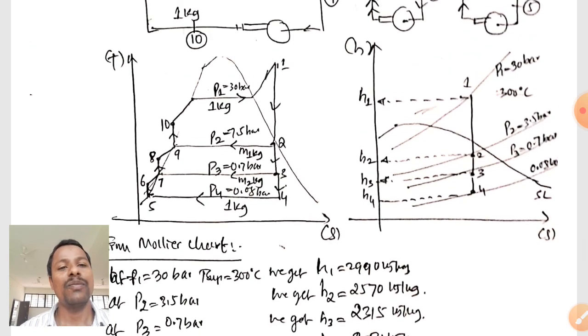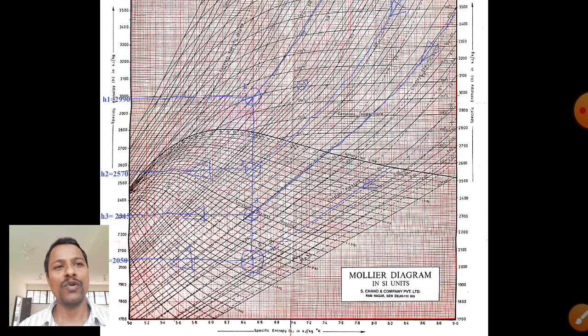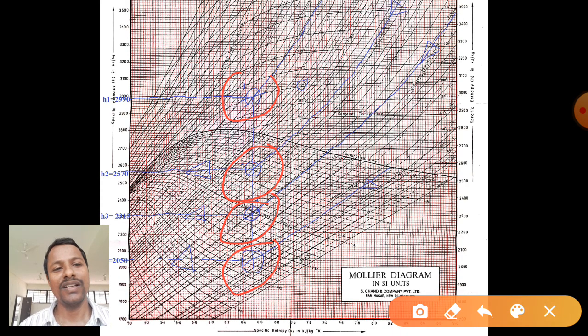Let me open the actual Mollier chart where I have indicated all these values, and let us confirm them. This is the actual Mollier chart where I have marked all the points: here I have point 1, this is point 2, this is point 3, this is point 4, and this is the isentropic line that I have drawn for all the pressures.